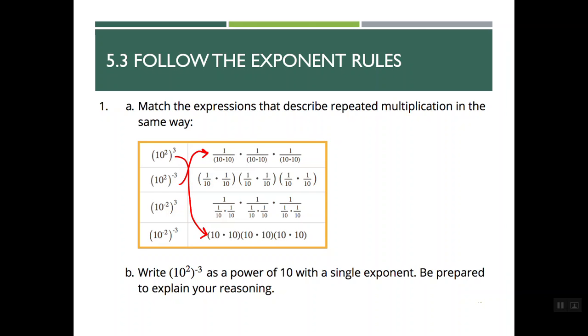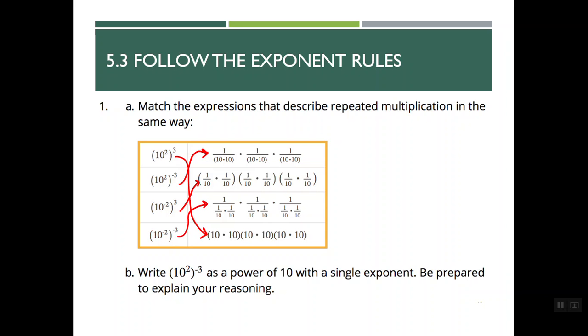Now we have 10 to the negative second to the third power. So 10 to the negative second is 1/100th. So where do we have 1/100th times 1/100th times 1/100th? Well, we have that here, and it doesn't really look like 1/100th, but remember that 1/10 times 1/10 is 1/100th. So then finally, this last one, it's like a fraction within a fraction. This is 1 over 100, and then 1 over that. So it's like 1 over 1/100th. And that's this one here.